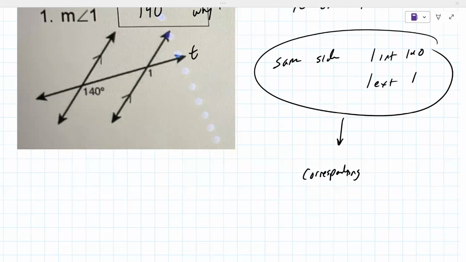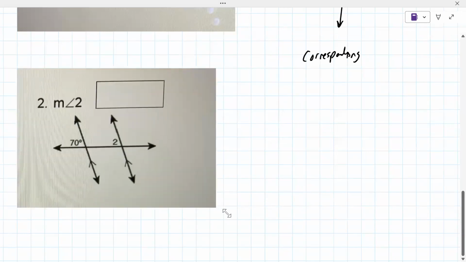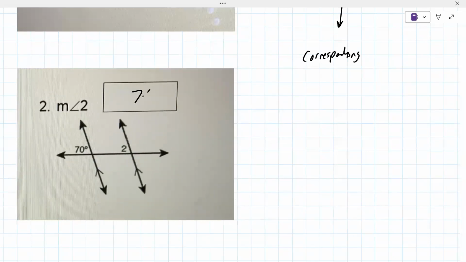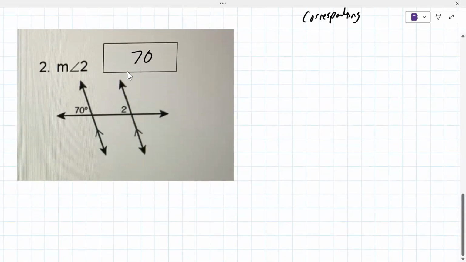Okay. So again, it's not the number that's important, it's why, which is geometry. Geometry is about why. So I'll give you the answer: it is 70. You don't need the degree symbol. Why is it 70? What kind of angles are these? Start with, are they on the same side of the transversal?